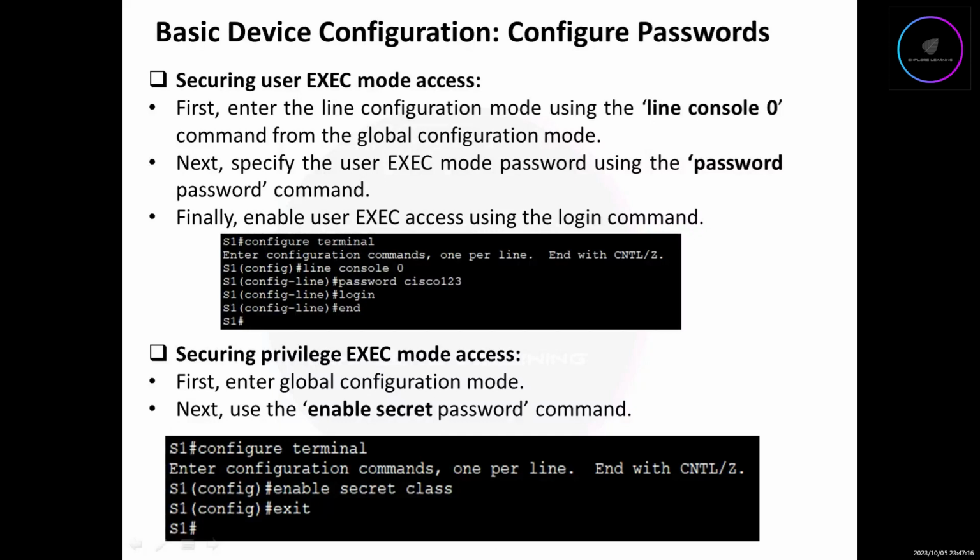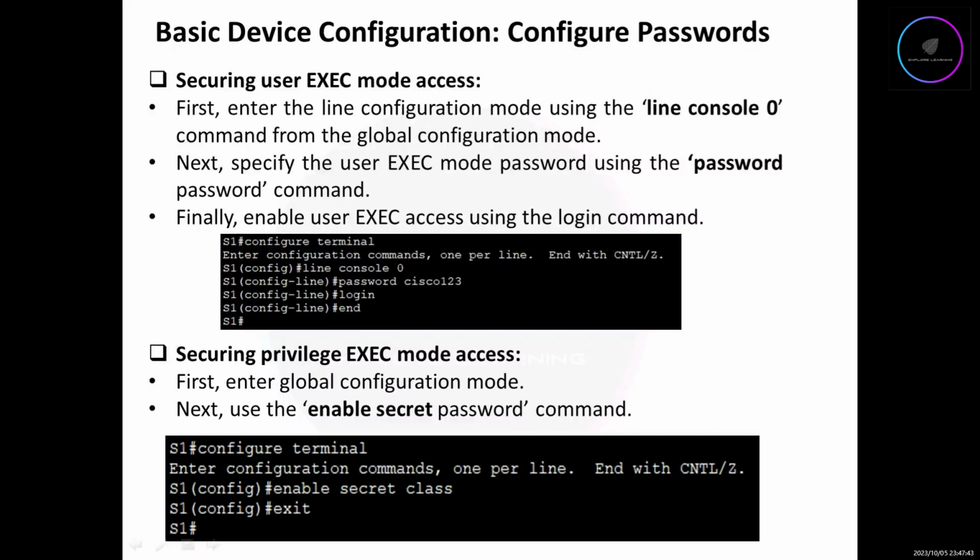In this case, we're going to use enable secret and the word class. So class will be used to create the password for the privilege exec mode. And then we're going to use exit to get out of the global configuration mode.